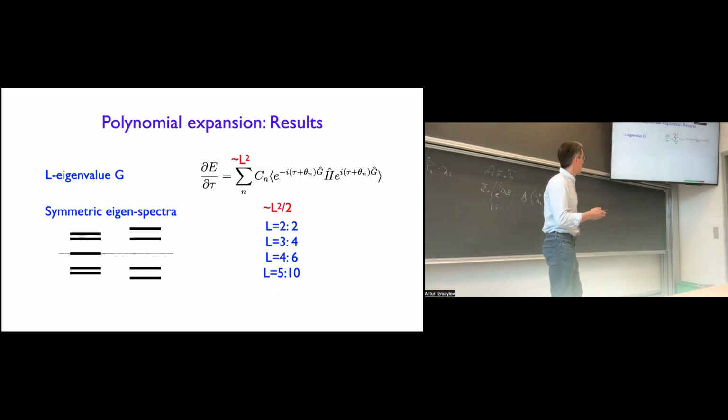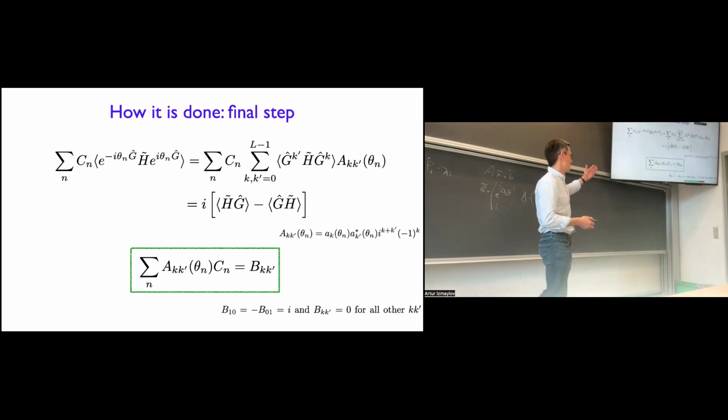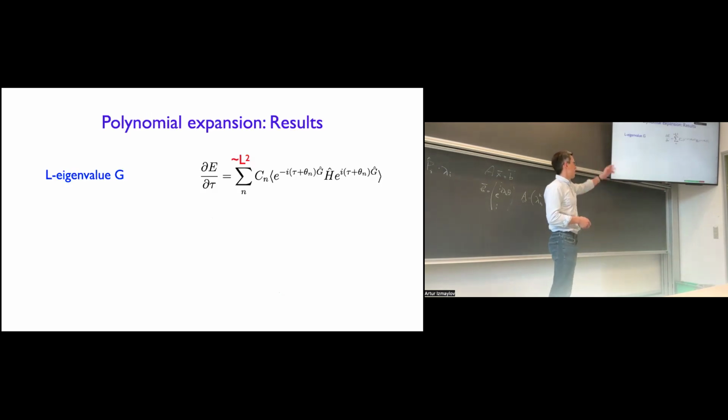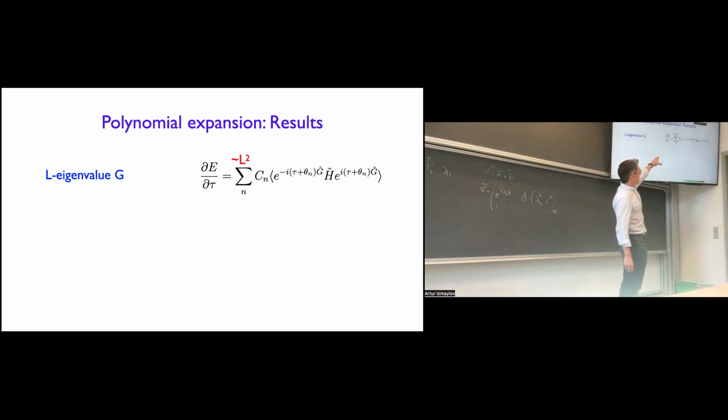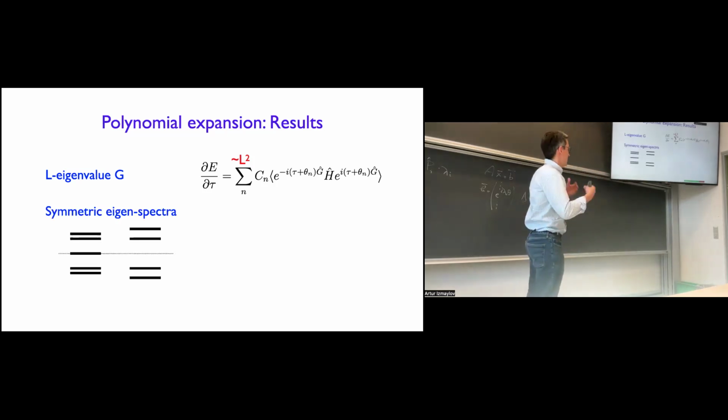Solving this system of equations is of course not a problem for any reasonable number of eigenvalues, and it gives the final expression with generally L squared coefficients. That is what is needed here. So if you have L eigenvalues in the generator, in order to get the gradient you need L squared expectation values, which is not a nice scaling.